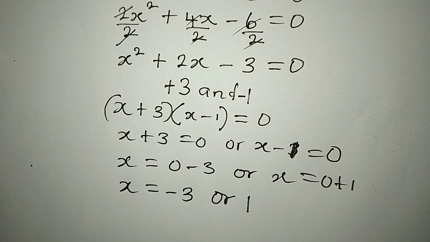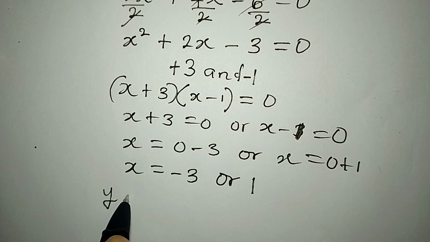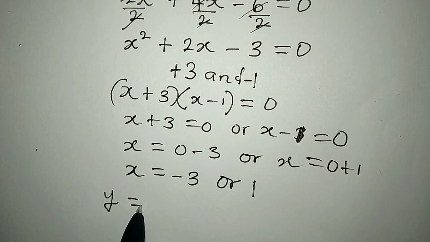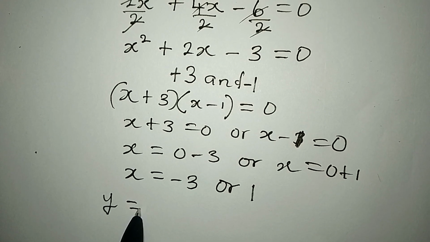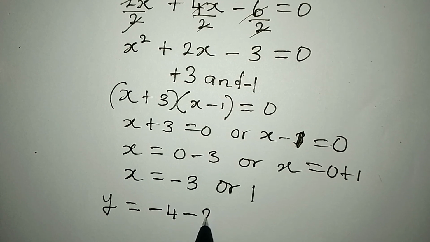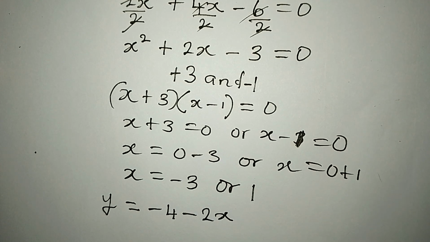But then we need to get back to our equation 3, which is y equal to -4 minus 2x, right? So now that we have two values of x, we are going to get two values of y as well.